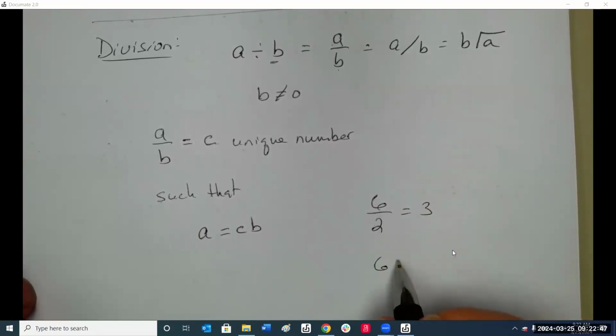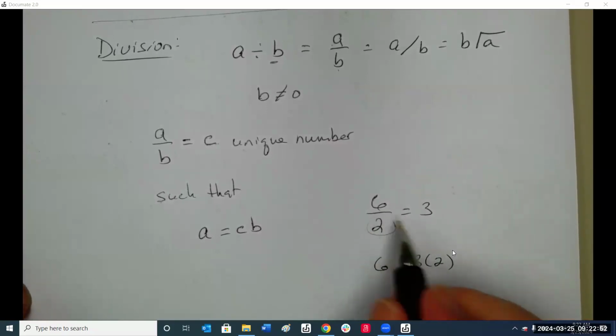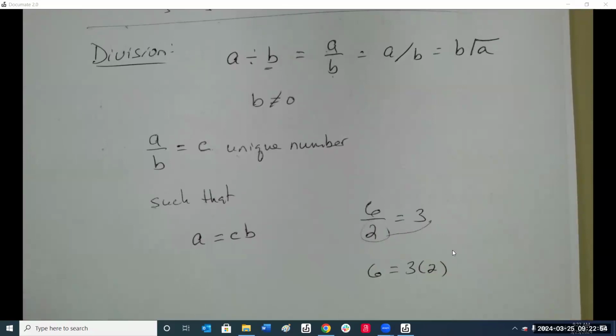So it's the same thing as saying 6 is equal to 3 times 2. Whatever is here on the bottom, if I multiply it over there, I get the top number.